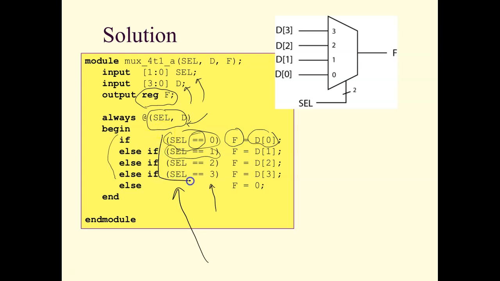A couple things to notice here: we've got a single if statement for every possible case. This is the right way to do it. Technically speaking, we wouldn't have to use this final else if. We could just rely on the else, but it gets kind of confusing, and I don't do it that way. Essentially, by the way this is written, it's a combinatorial circuit because it's an if, and it has a catch-all with the else.